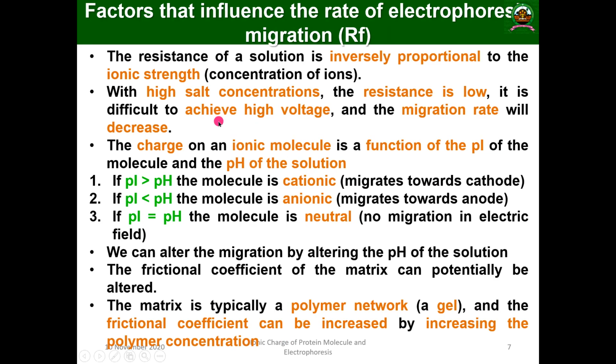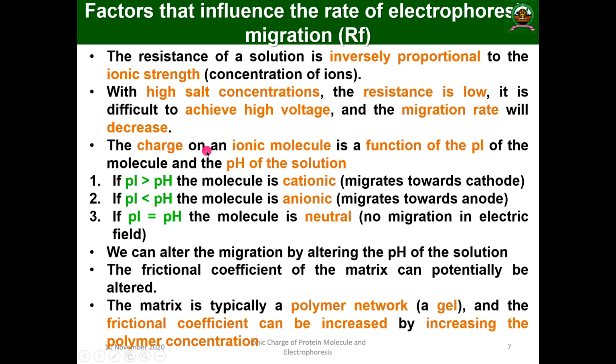The resistance of the solution is inversely proportional to the ionic strength or concentration of ions. When the salt concentration is high, the resistance is low, it is difficult to achieve high voltage, and the migration rate will obviously decrease.